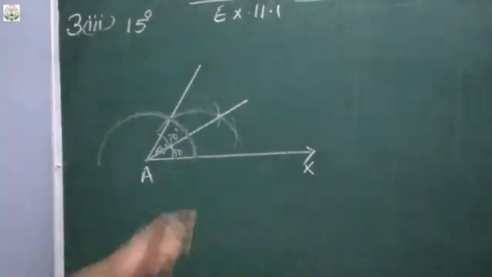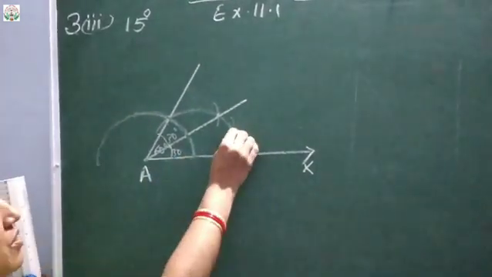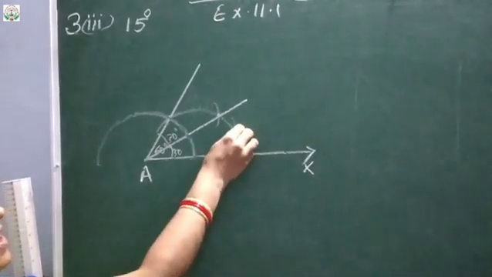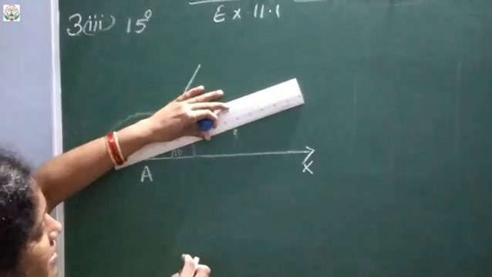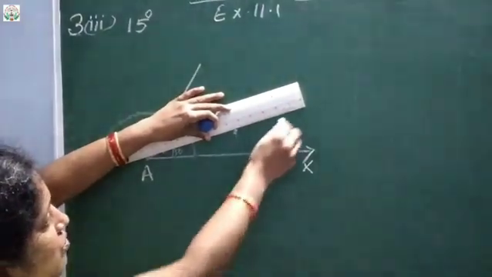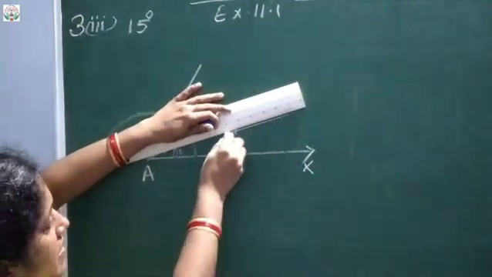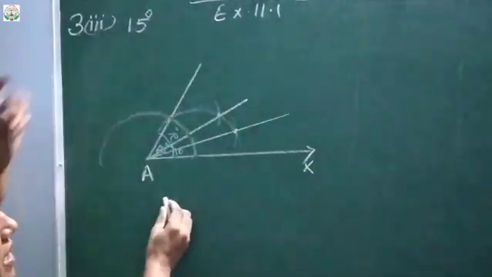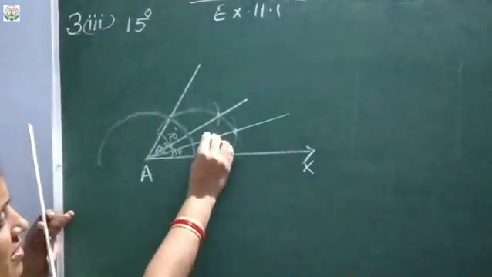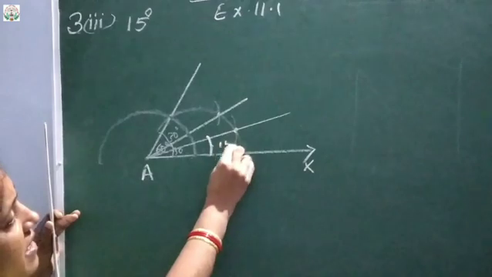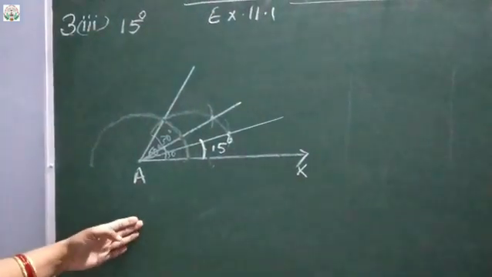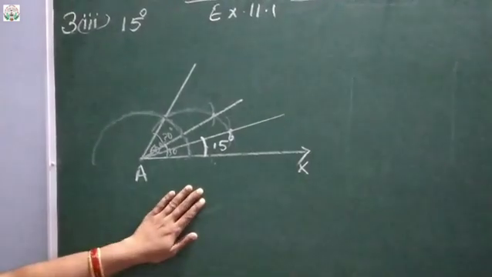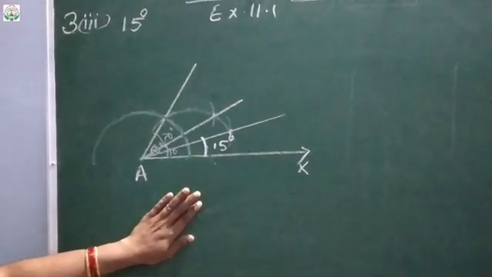Wherever the intersection takes place, put the point and join it to A. So this angle is 15 degree. Understood? This is the construction of the 15 degree angle.